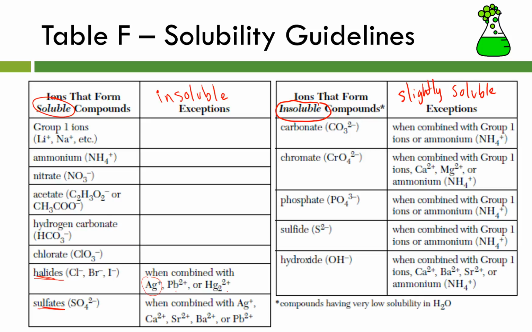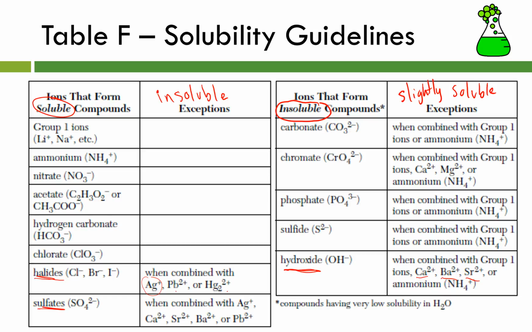So lithium, sodium, potassium, so on and so forth, or ammonium. See that group 1 and ammonium tend to be exceptions everywhere. There are other ones like hydroxides, usually insoluble. In addition to group 1, we can see that when it forms a compound with calcium, barium, or strontium, we also get a slightly soluble compound.